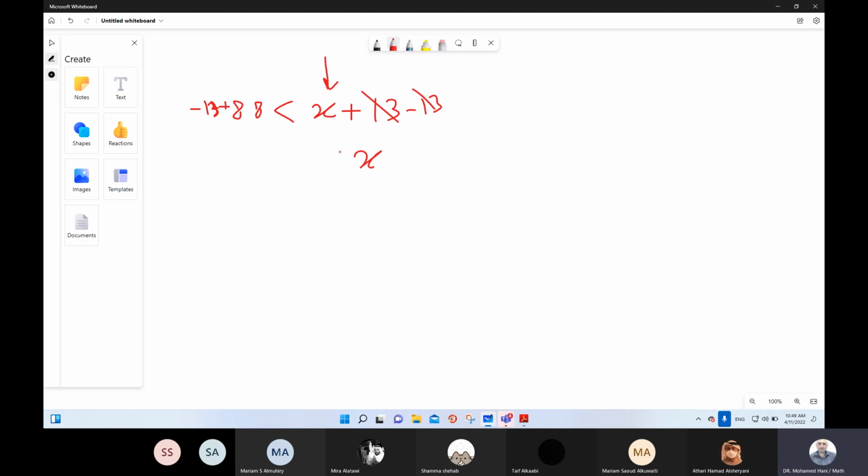And here we have greater than, and on the other side, 88 minus 13 will be 75. Then write the solution set: x such that x greater than 75.